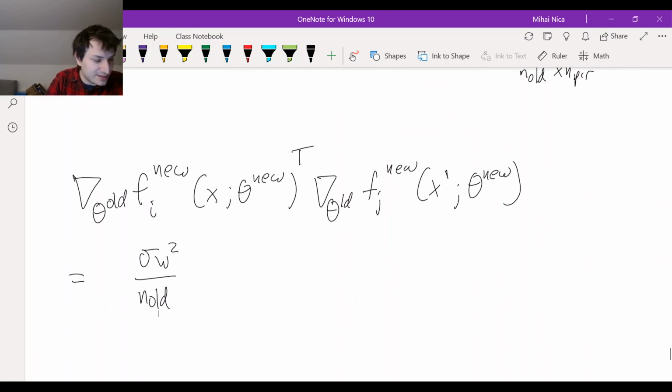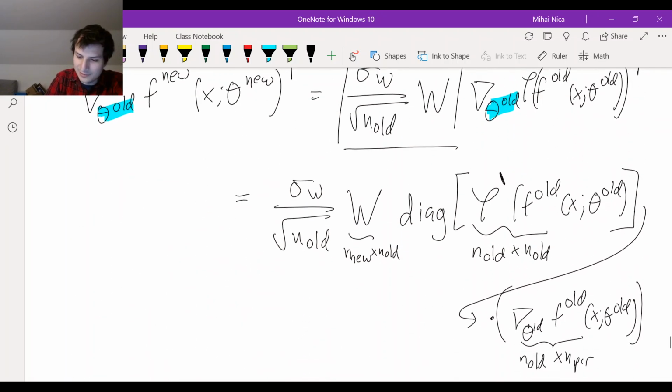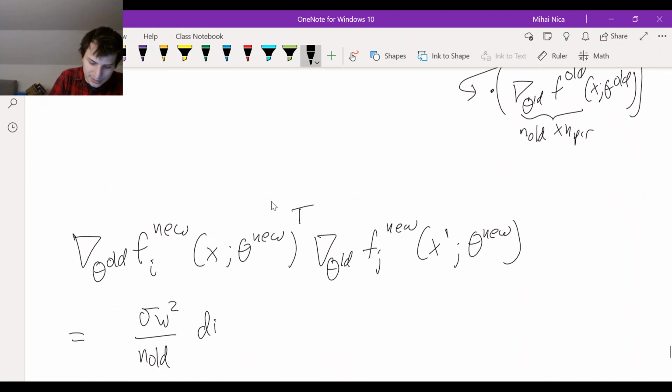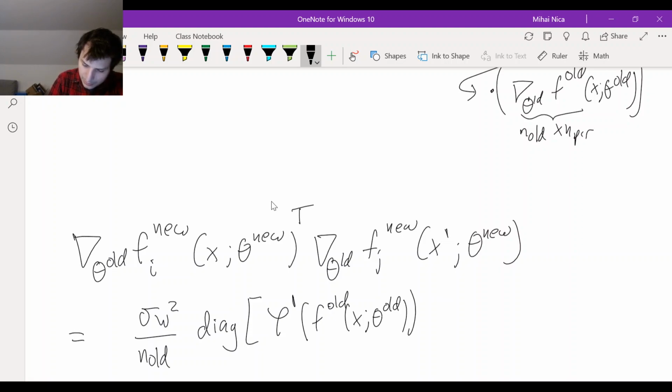Then you have these diagonal matrices multiplying on either end. So you have a diagonal matrix of this nonlinearity, phi prime. Okay, so you have two of these diagonal matrices, one from each term.